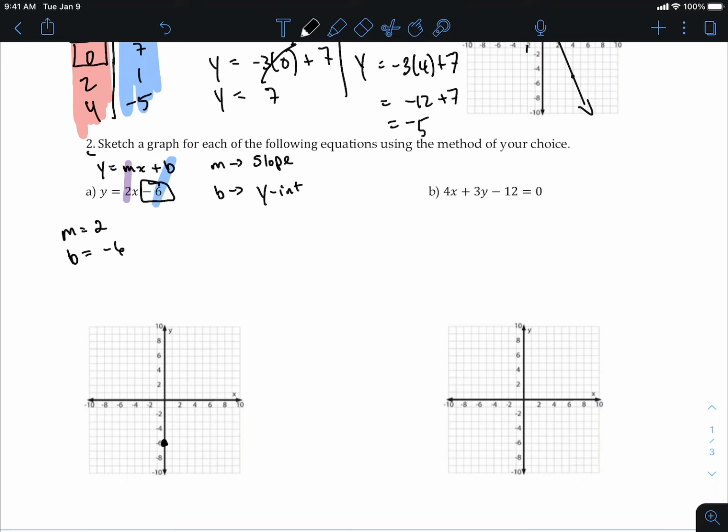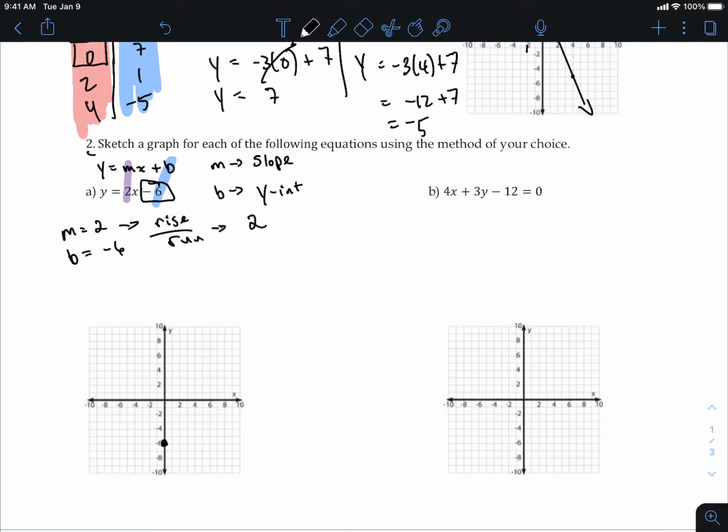Okay. Now, the slope, do you remember how we used to say what the slope was? Does that sound familiar? Rise over run? What's the problem with just a number of 2? I just have a rise, right?